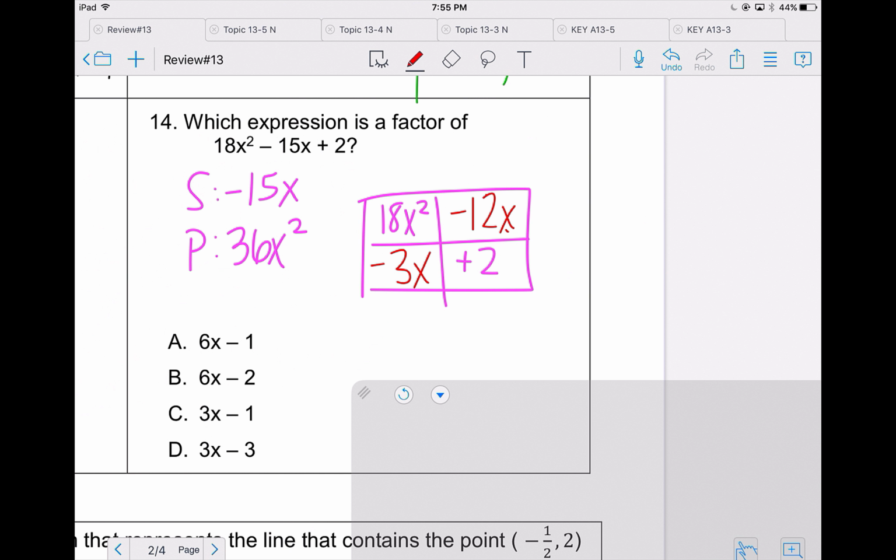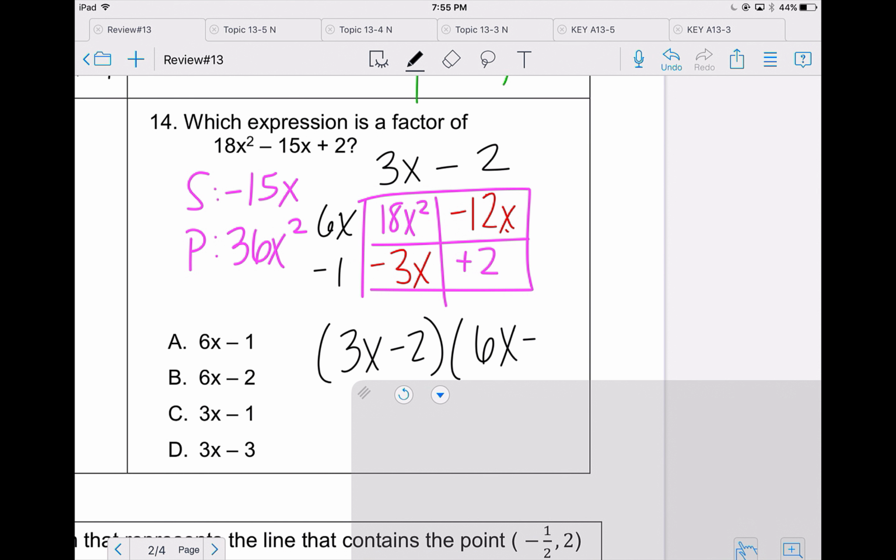Those two added together would give us negative 15, and they would multiply to a positive 36. So we take out our like factors, 3x and negative 2, and then 6x and a negative 1. So my factors are 3x minus 2 and 6x minus 1. A is the only one that looks like that.